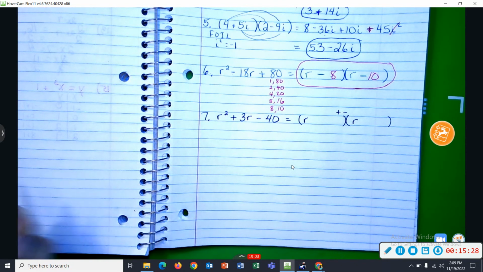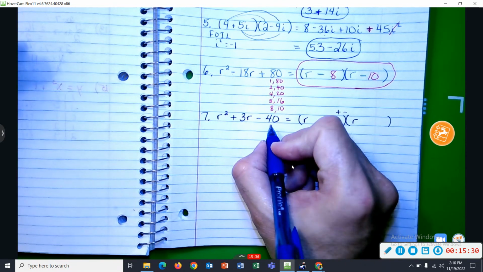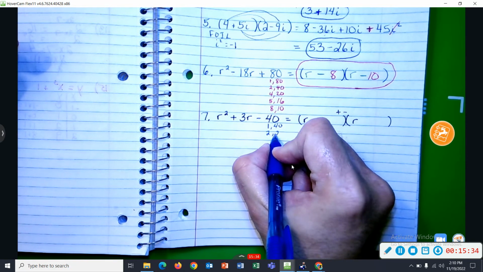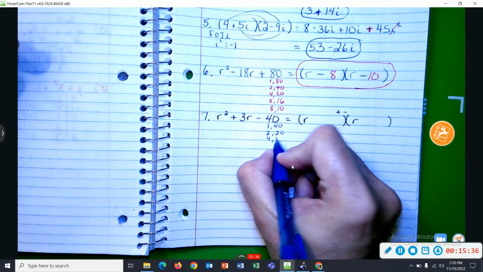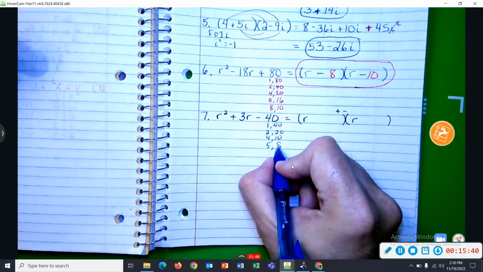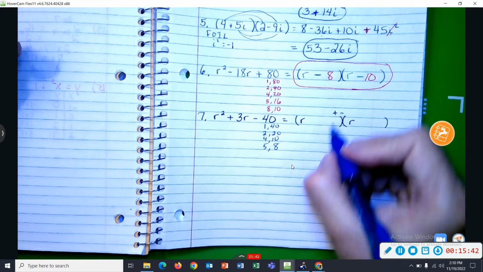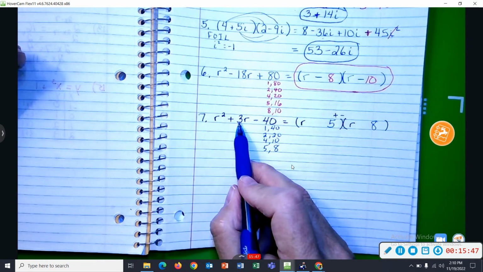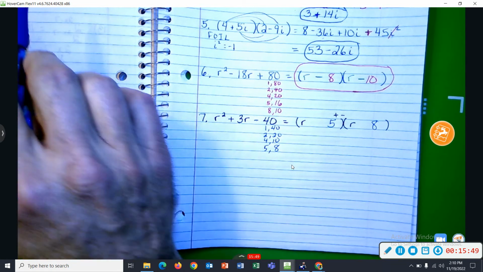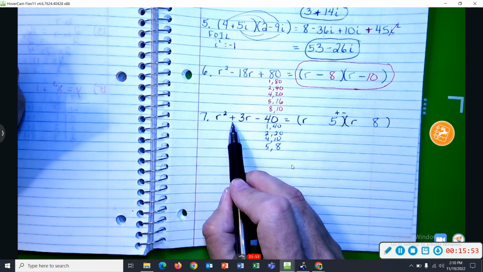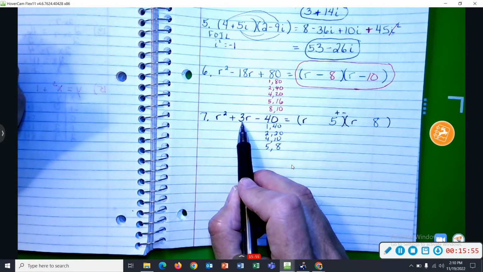Now thinking about numbers that multiply together to give 40. 1 times 40, 2 times 20, 4 times 10. What's that obvious pair that's probably going to work? The 5 and 8. If we subtract 5 and 8, that'll give us that middle term. So how will I need to arrange my plus and minus sign in order to get a positive 3?